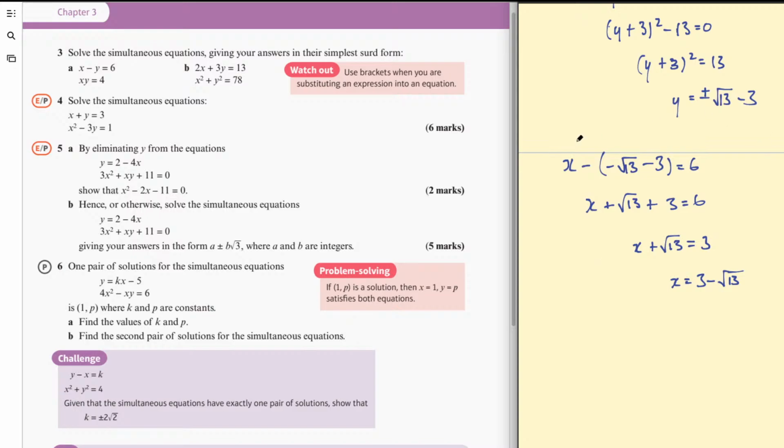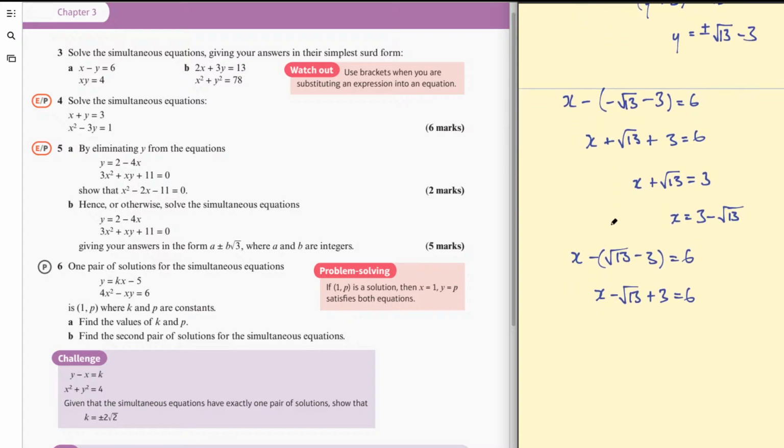Anyways, we also need the other value of x, so this is x take positive root 13 take 3 equals 6. So x take root 13 plus 3 is equal to 6. Yeah, so x is equal to root 13 plus 3.